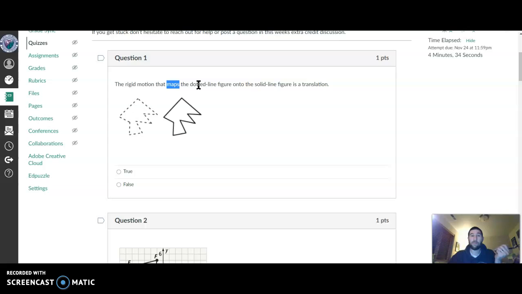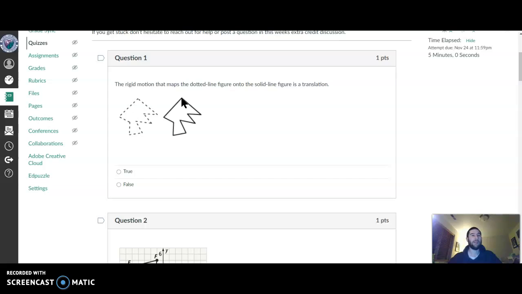If something is mapped, then it's showing us where to go point by point. And so when we talk about the rigid motion, we're talking about the transformation. And the type of transformation tells us where each point goes. So this point right here is mapped to this point right here. And we know that because of the type of transformation.